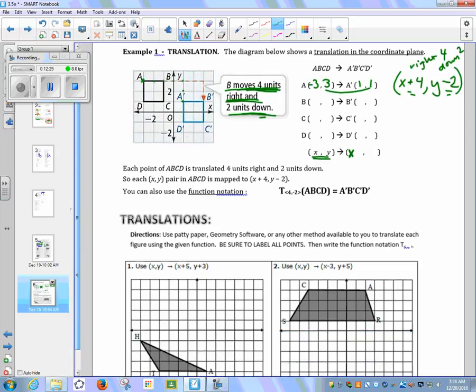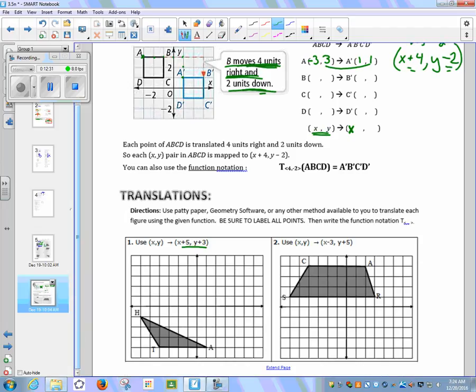So when you're asked to do that down here, it just is saying take your original x, y, add 5 to the x, add 3 to the y. So if we have this point H, here's our 0, 0, 1, 2, 3, 4, 5, 6. This is negative 6, negative 1.